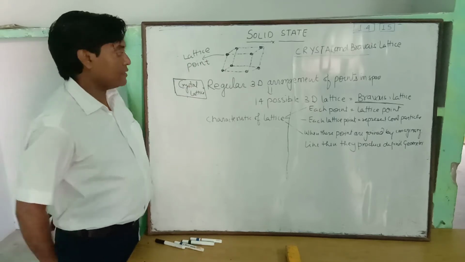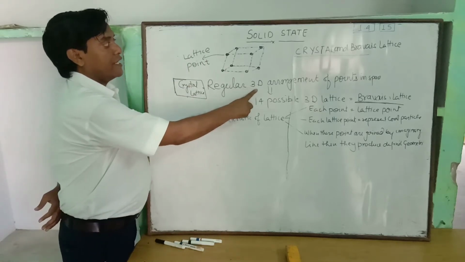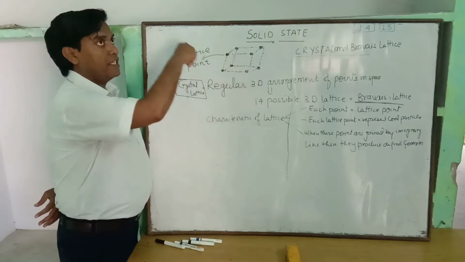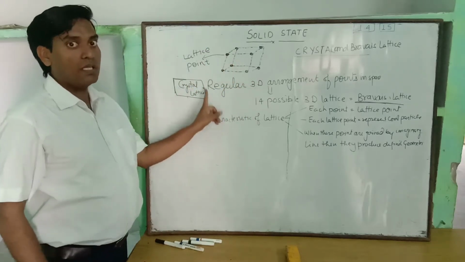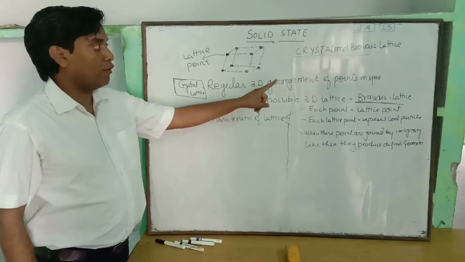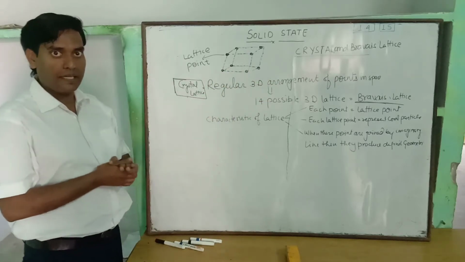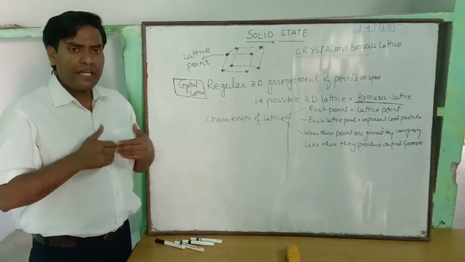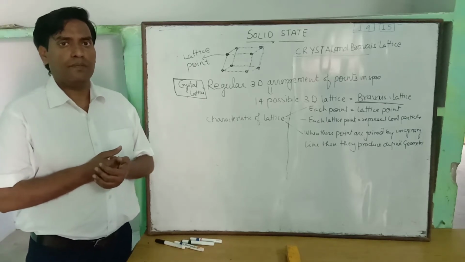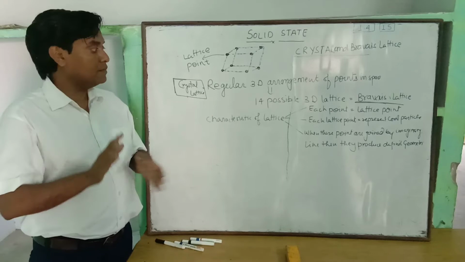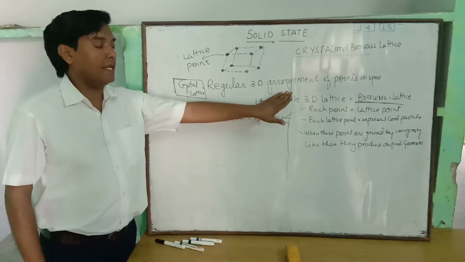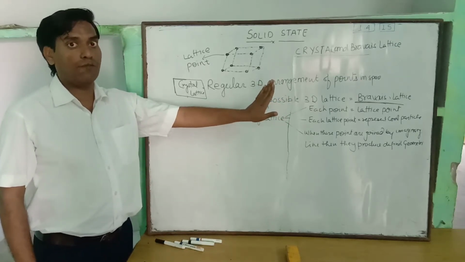What is the crystal lattice? The regular 3D arrangement of these points in space is known as the crystal lattice. Clear? Now, many types of crystal lattices are possible, but a maximum of 14 possible 3D lattices, not more than 14.